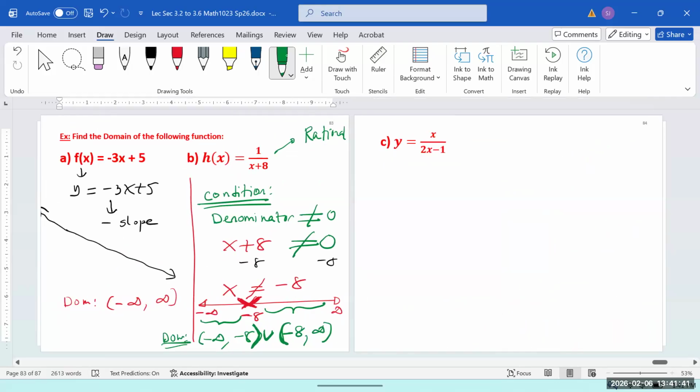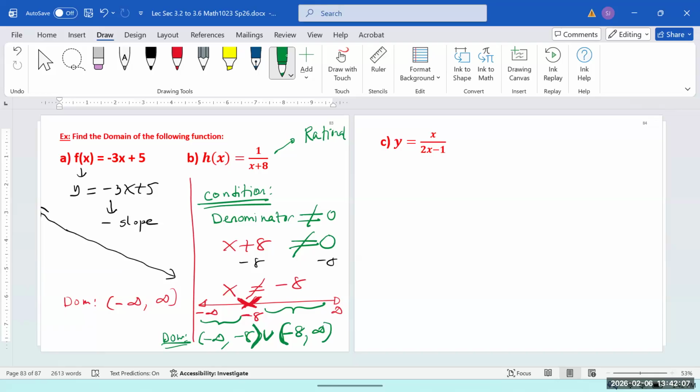Okay, you try one. Find the domain. Finding range is hard, so we actually don't find range in lower level classes. We always find domain. This will be in the exam. For upper level classes like calculus 1, 2, 3, you're going to learn how to find range.